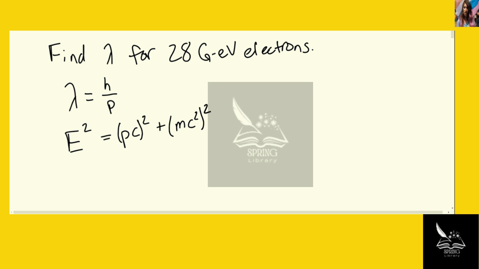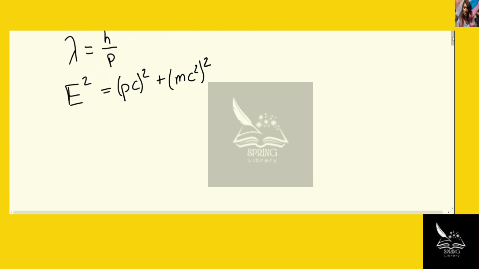So we're just going to solve this for momentum. Let's start first by writing this PC squared term on the left side and subtracting the MC squared term. So here we have PC squared equals E squared minus MC squared quantity squared.